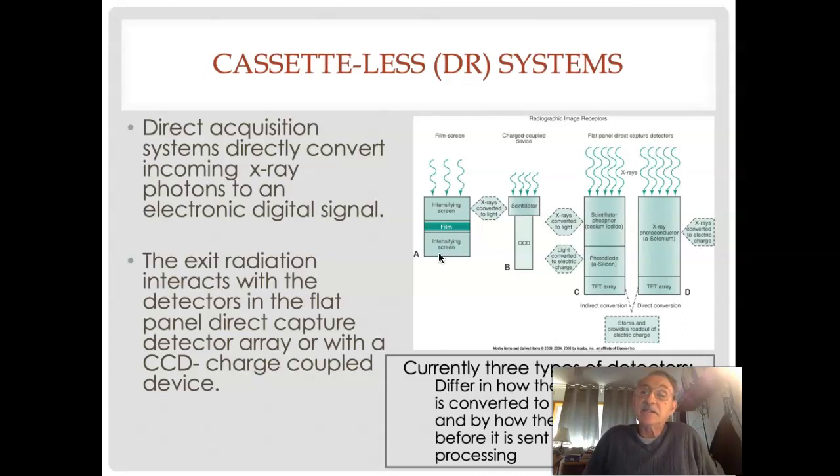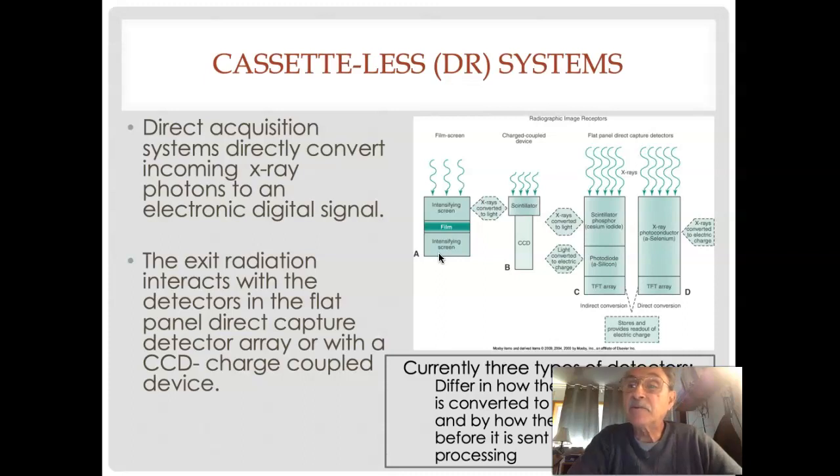So the X-rays interact with the cesium iodide, and the cesium iodide transmits that light, changes it to an electric charge, and transmits that value to the thin film transistor array. And that is where that charge, that value, is sent in sequential order as a part of the data for that particular image.